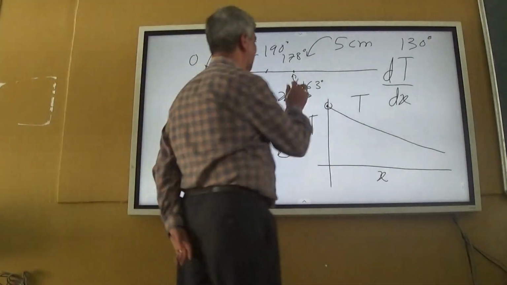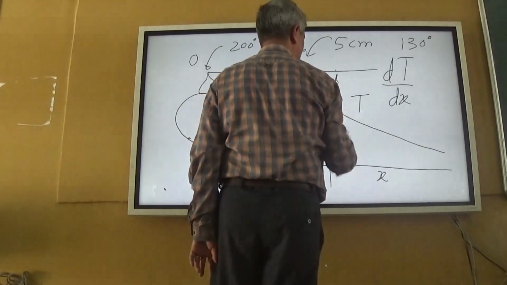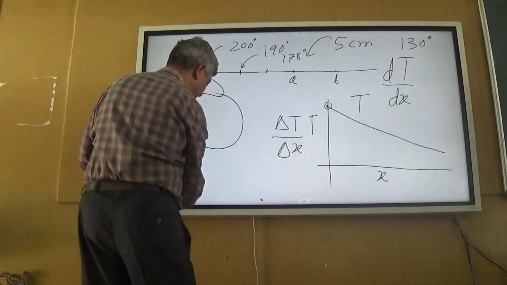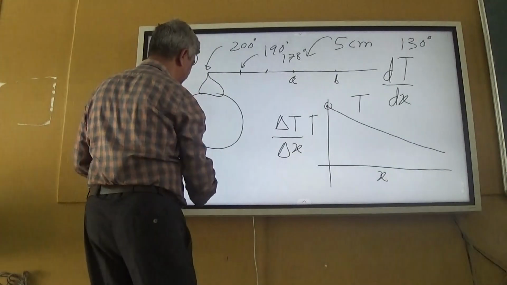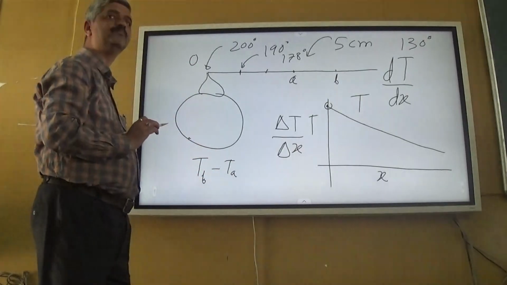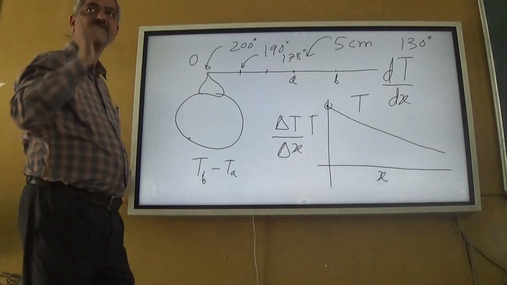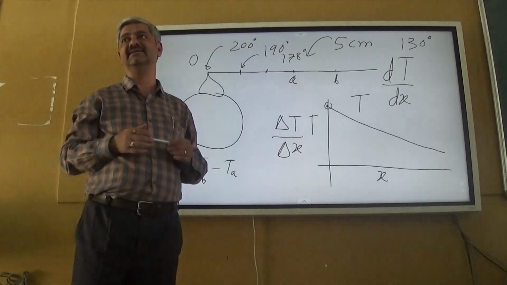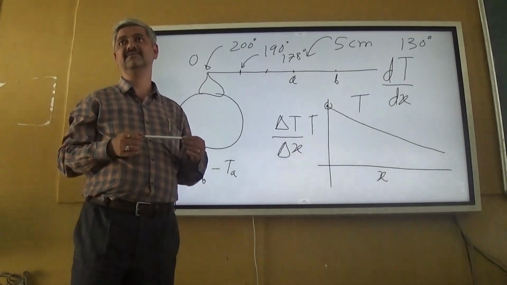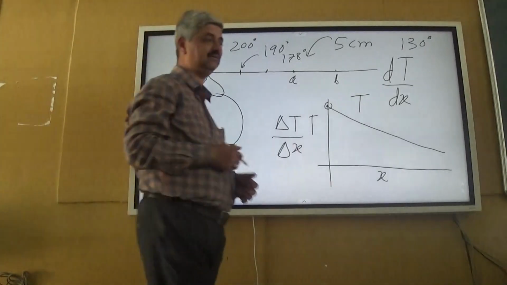Or in general, I have got 2 points A and B. What would be TB minus TA? This is something which you must answer.